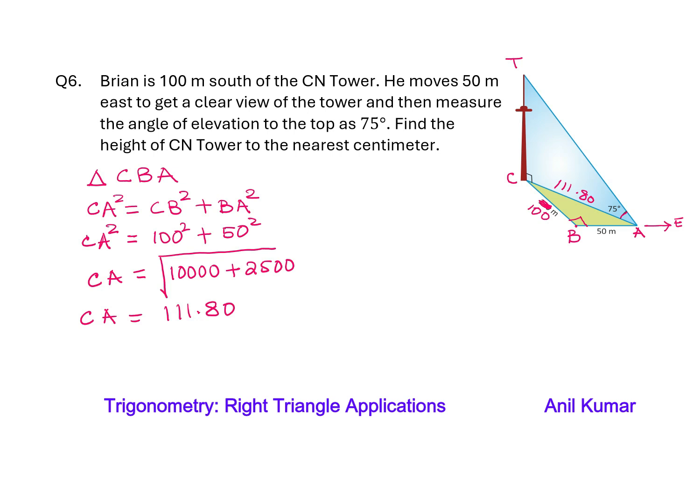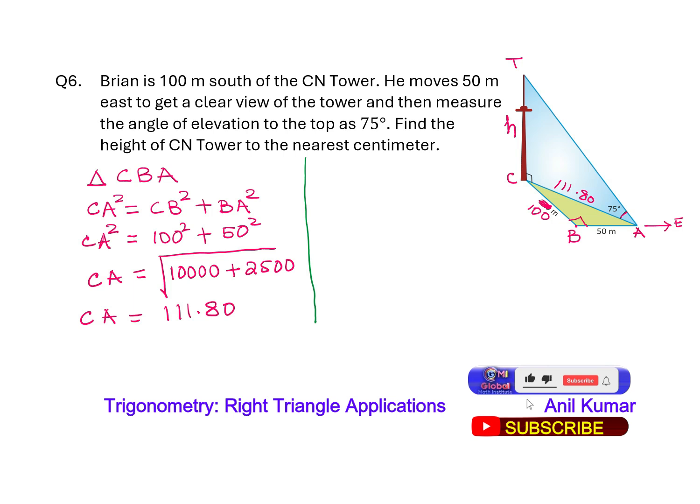We need to find the height of the CN Tower, so it should be, let's say, h or CT. Looking from A, we are given two sides. The sides here which are related are the adjacent and the opposite side.